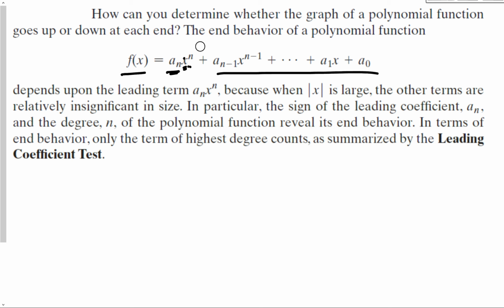When you raise something to the third power, it does way, way more than raising it to the second and raising it to the first and then adding a number at the end. Okay, so this term is really going to have the biggest effect on the function. In particular, the sign of the leading coefficient, a sub n, and the degree n of the polynomial reveal its end behavior. In terms of end behavior, only the highest degree counts. And this is summarized on the next page by something called the leading coefficient test.